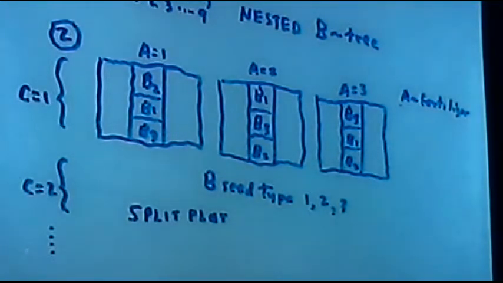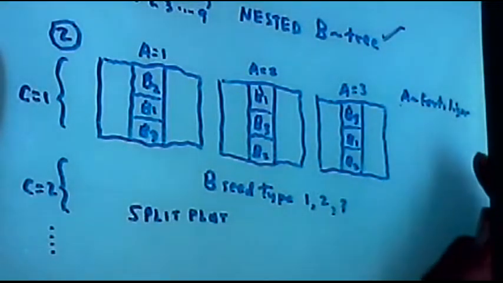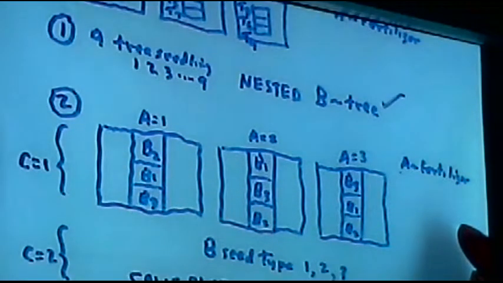Doctor, I have a question. Yes. Doctor, how could we recognize or differentiate between a split plot and a nested design with random factors? Well, let's see. In this number 1 here, the tree could be a random factor. In fact, it would be. When you're trying to decide whether a factor is fixed or random, you always ask the question, do I care specifically about the levels of this factor?